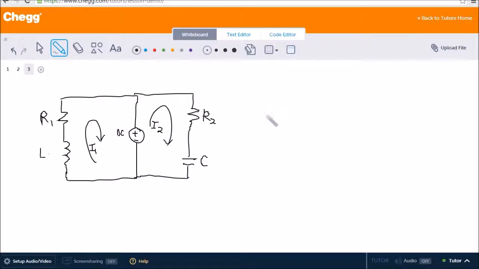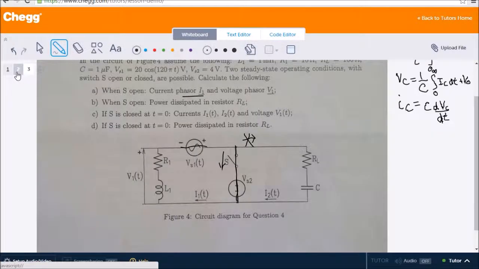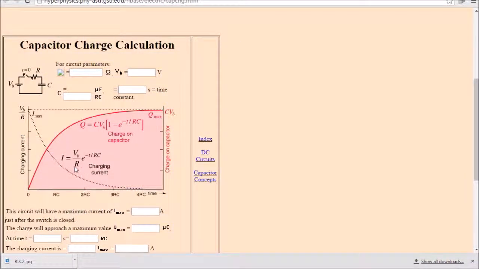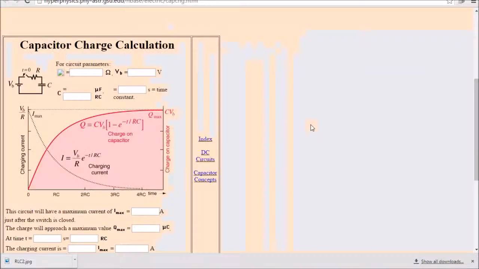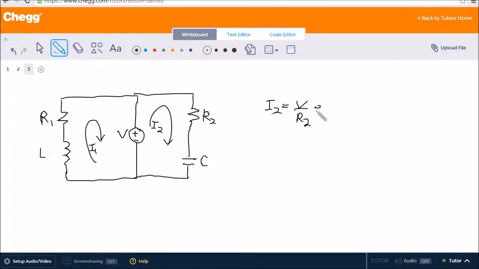So we know that the current I2 is equal to V_B, or V of the battery in this example, so I'm going to call this V. It's going to equal V over R, so R2 in this case, times e to the negative t over R times C. There's I2.